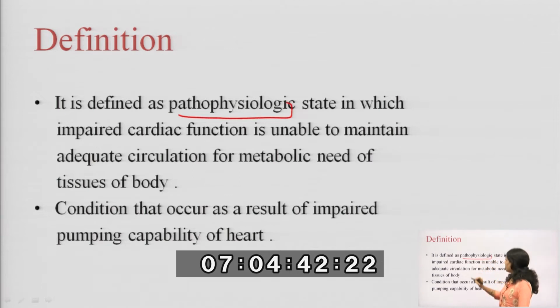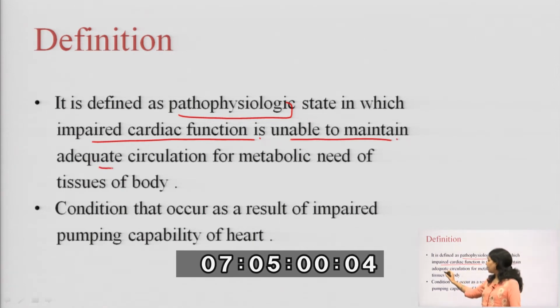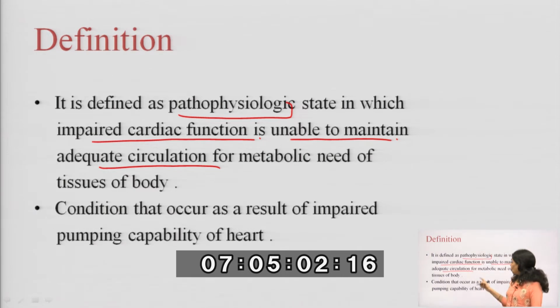A pathophysiologic state means a disease state in which there is impaired cardiac function. Impaired cardiac function means the heart is not functioning properly. How is it not functioning properly? It is unable to maintain adequate circulation for the metabolic need of the tissues. That means the heart is not able to pump sufficient blood to supply the body. That is congestive heart failure.